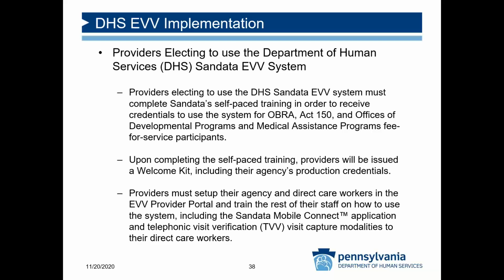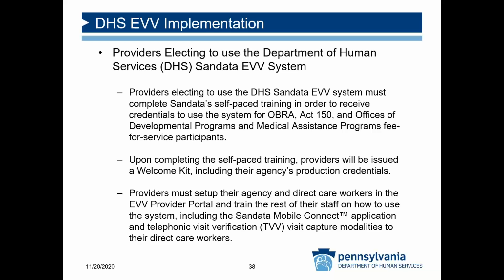Providers electing to use the Department of Human Services SANdata EVV system must complete SANdata's self-paced training in order to receive credentials to use the system for OBRA Act 150 and Offices of Developmental Programs, as well as the Medical Assistance Program's fee-for-service participants.